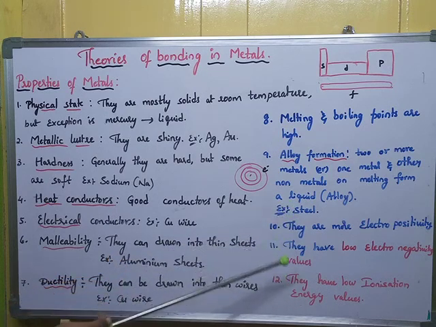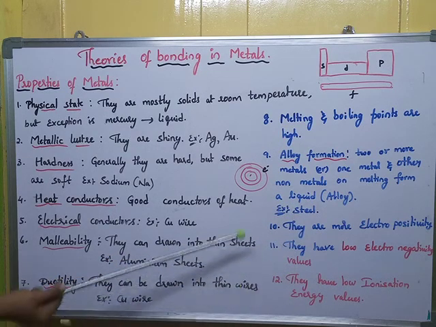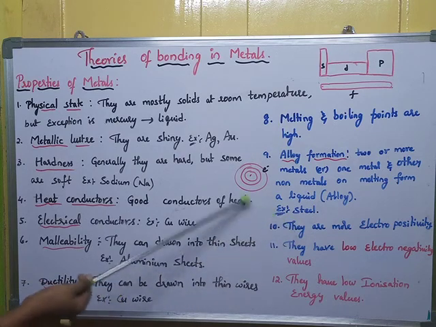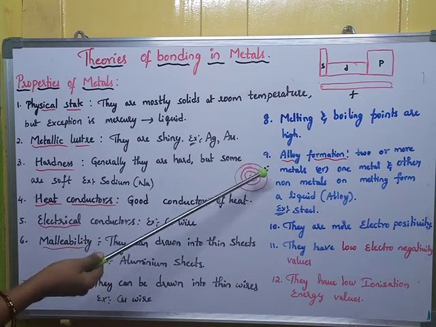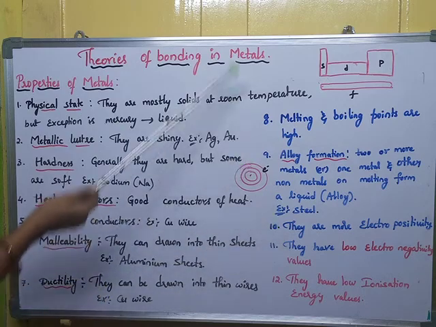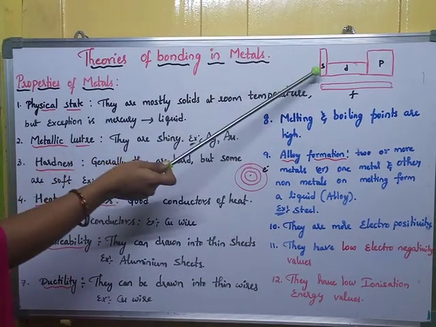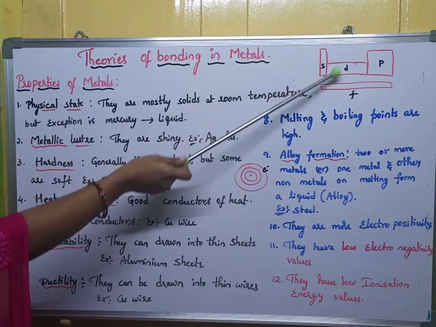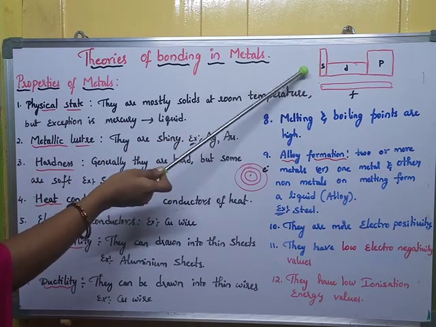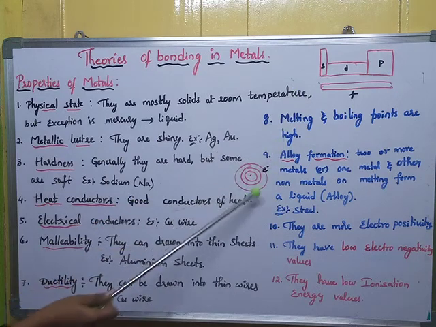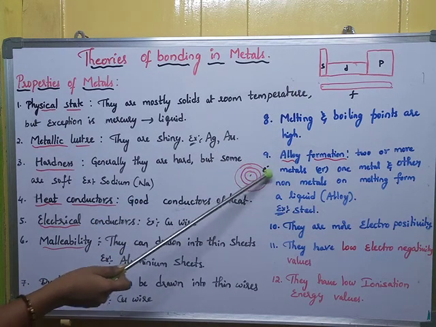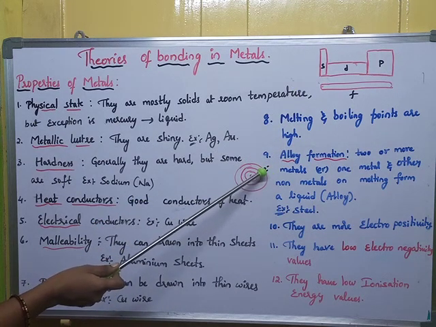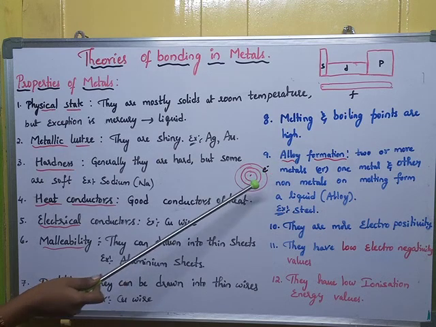Next, coming to electropositivity. What is meant by electropositivity? The ability of an element to lose electrons is called electropositivity. If you observe the modern periodic table, from left to right the size decreases. That means these metals will have a large size when compared to other elements. Because of the large size, there will be less nuclear attraction, so the electrons can be lost from the valence shell easily.